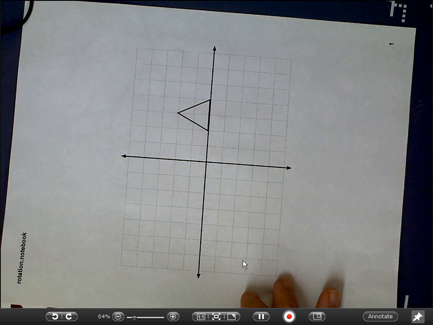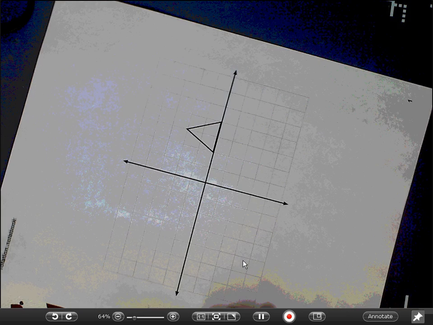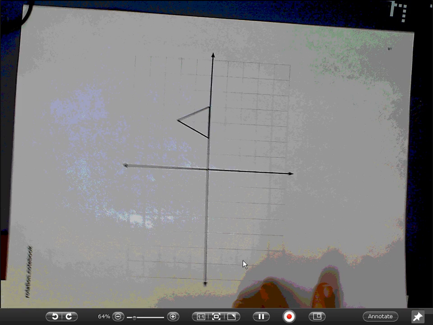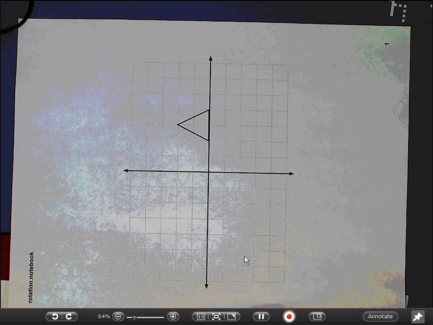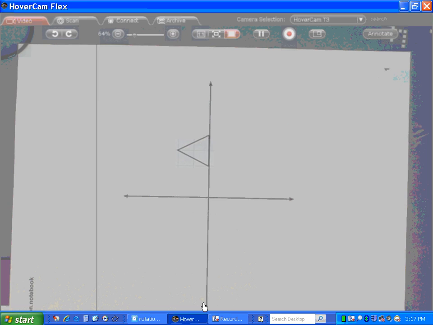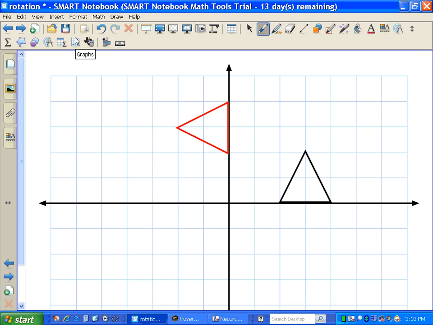I just rotated it counterclockwise, 90 degrees. It used to be over here. Now it's there. So that's what a 90 degrees counterclockwise rotation looks like.